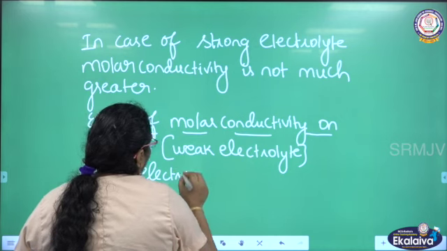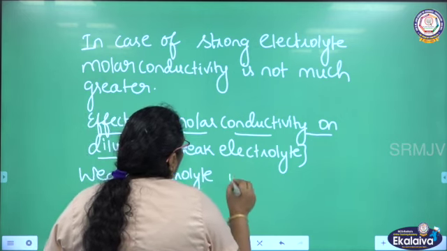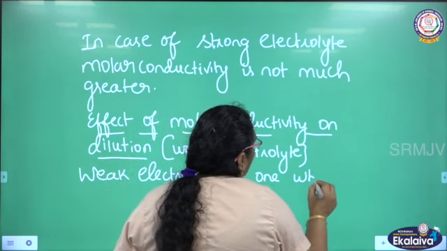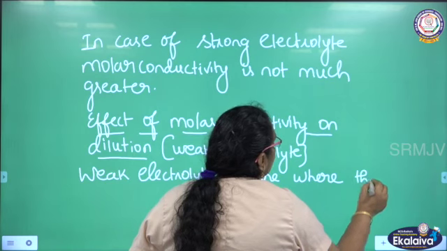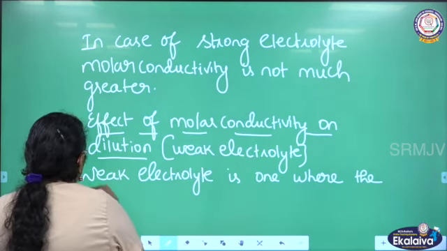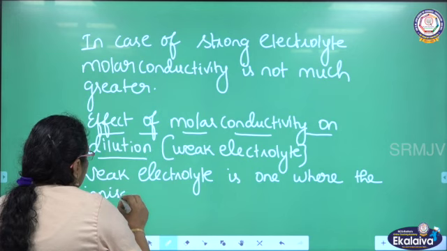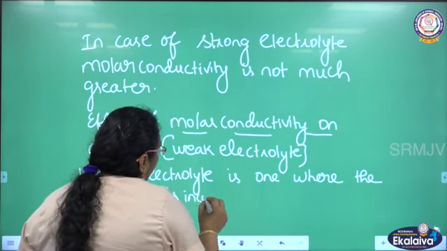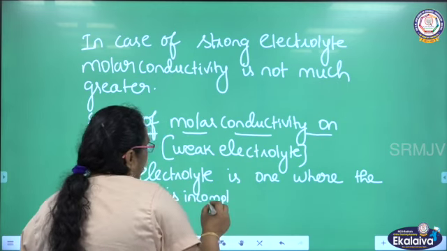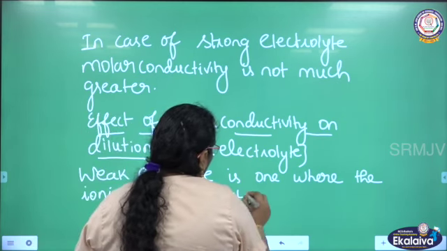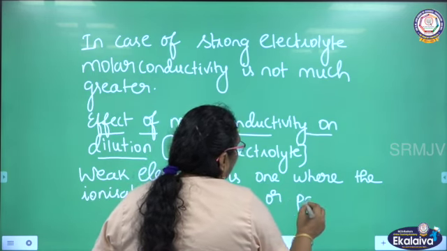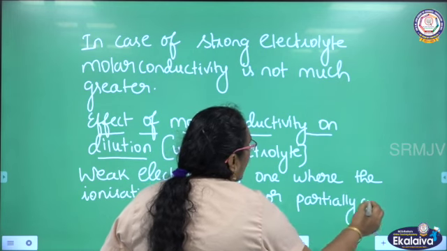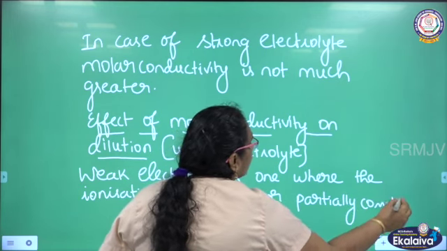A weak electrolyte is one where the ionization is incomplete, or partially complete.